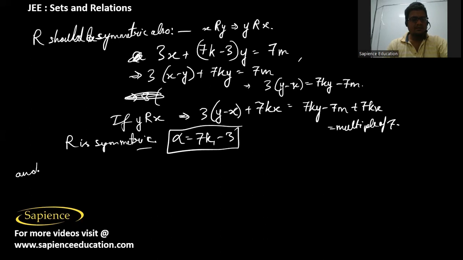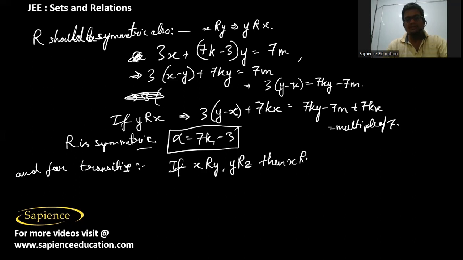And then for transitive, we should have that if x is related to y and y is related to z, then x should be related to z.